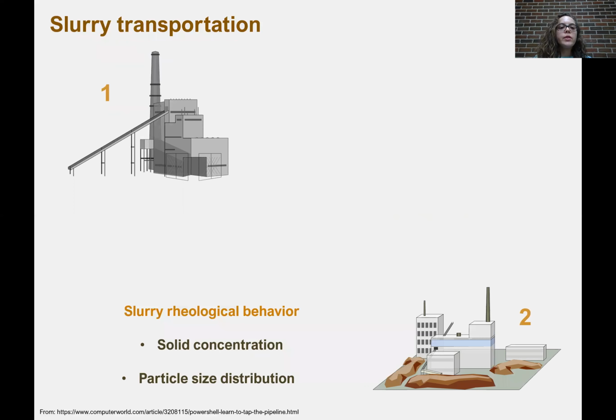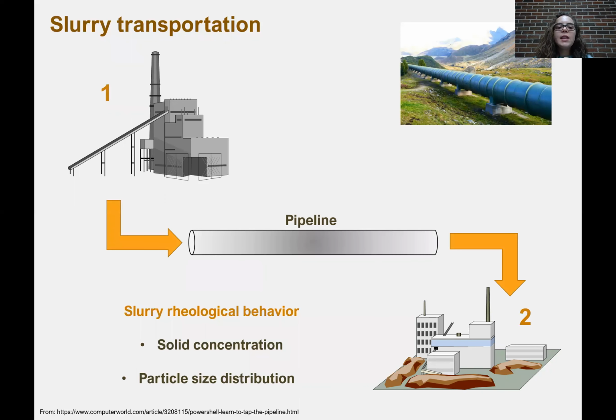Imagine that you aim to transport a slurry from operation 1 to plant 2, but instead of having a nice dispersed diluted slurry composed of fluid with fine particles, you actually have a high solid concentration slurry with particles of different sizes. This is a very common issue that we can encounter in real slurries.